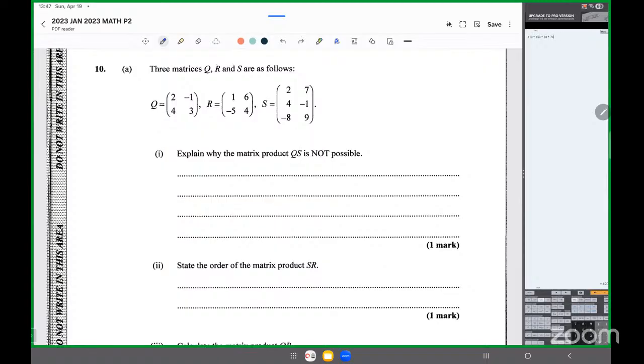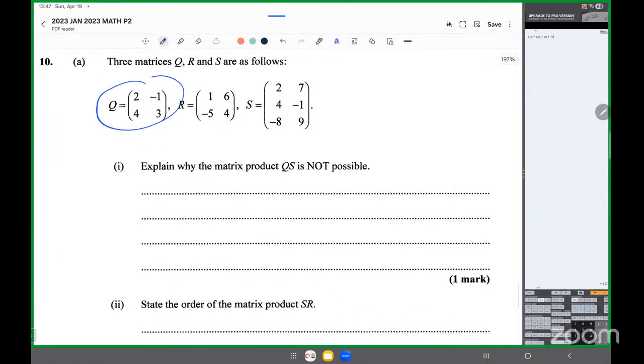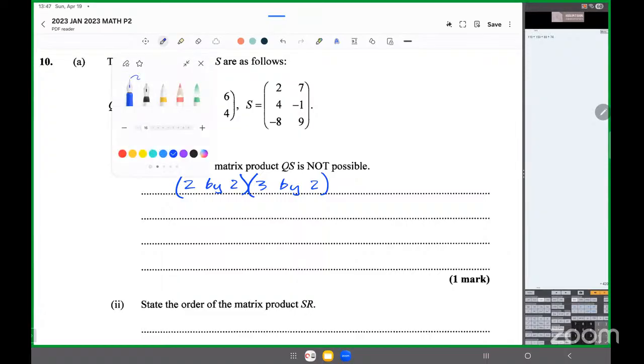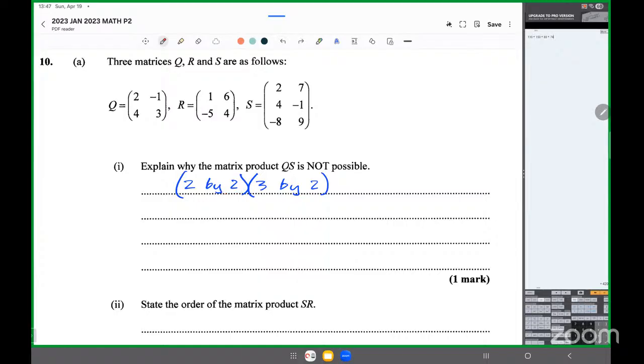So what is going to be QS? Q is a 2 by 2, times S, which is a 3 by 2. But these numbers are not equal. The number of columns here and the number of rows here are not equal.